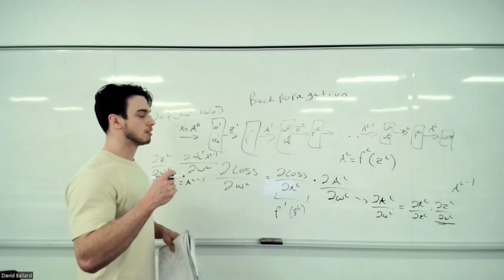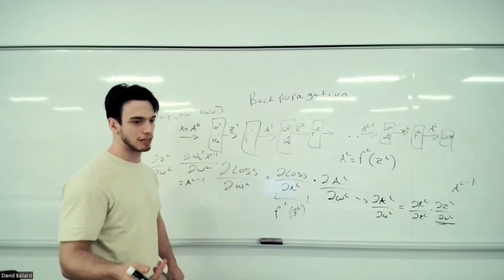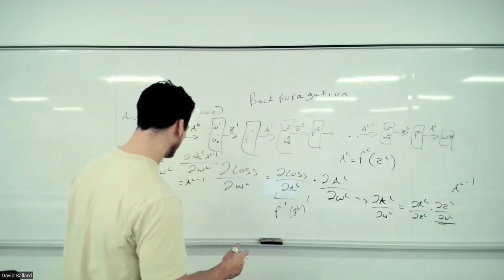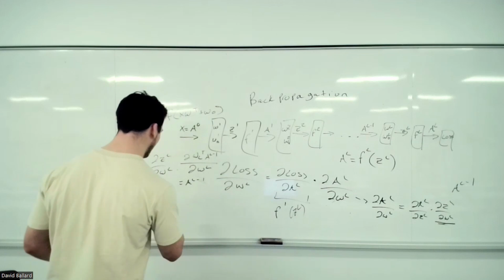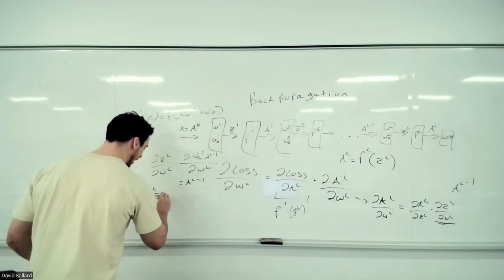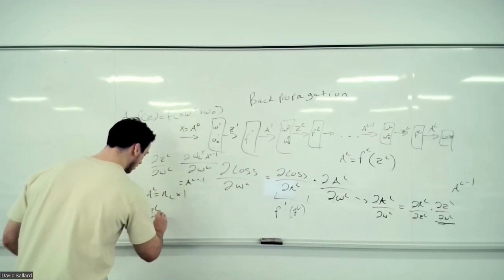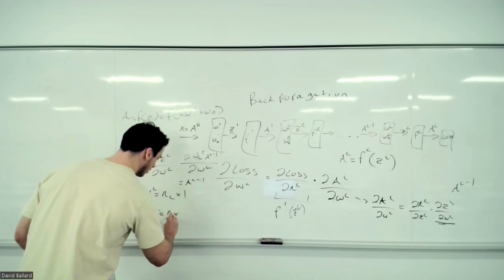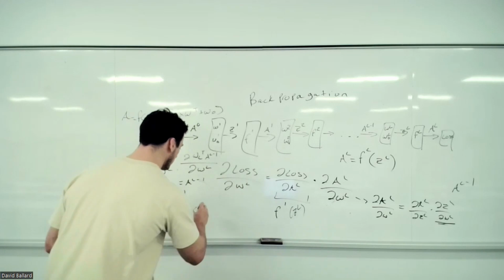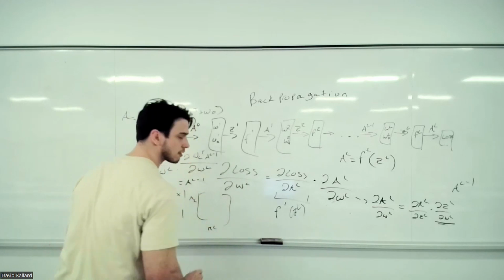The derivative of a vector with respect to a vector is generally going to be a matrix. So if AL is NL by 1 and ZL is NL by 1, the partial derivatives are going to be an NL by NL matrix.